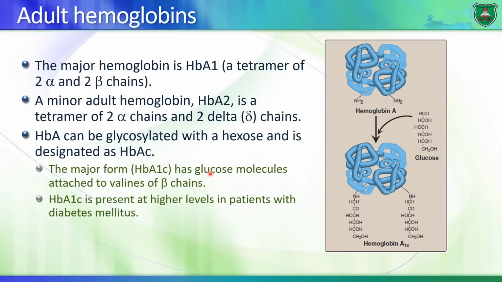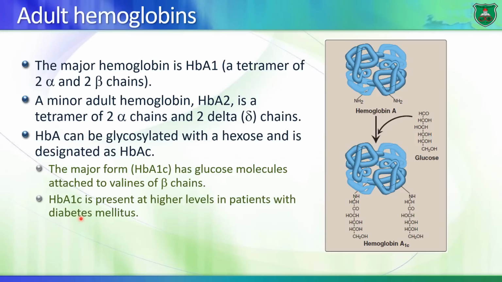Now, what's important about HbA1 specifically is that it can be glycosylated, specifically at a valine. And this glycosylation is important. So you have a glycosylated hemoglobin, and it's known as HbAc, or specifically HbA1c. Now, this glycosylation of hemoglobin is important because it can be used as a marker for diabetes mellitus.